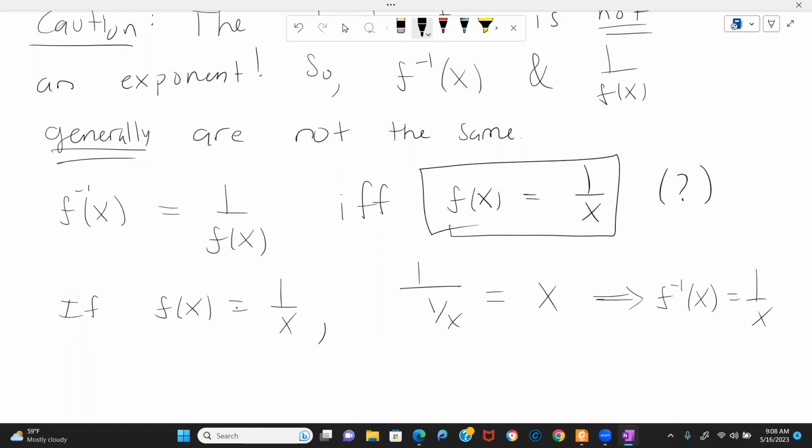Wait, actually, no, now I'm getting confused here. Ignore this. I don't know if this is right anymore. Anyways, the point though is that these things are generally not the same. Let me get rid of this.